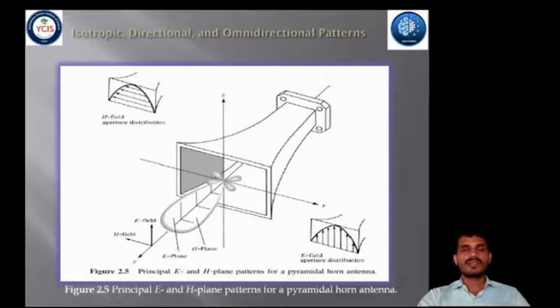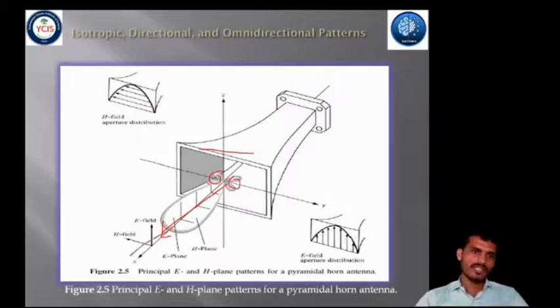This is your demo diagram for the principle of electric and magnetic plane patterns for a pyramidal horn antenna. This is your pyramidal horn antenna. This is your signal radiated from the horn antenna. This is your major lobe and these are the side lobes or minor lobes.